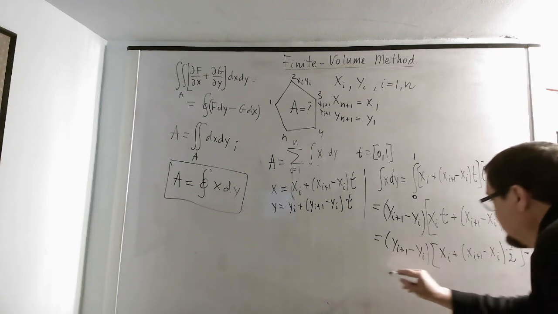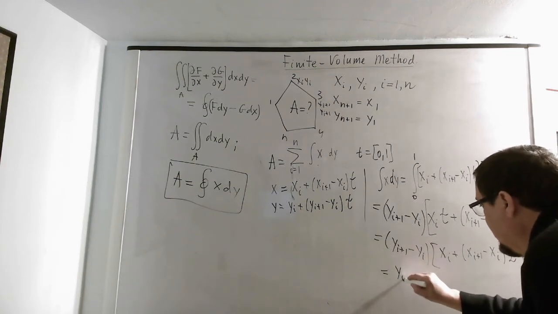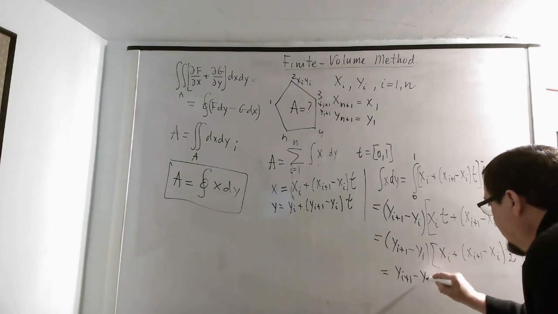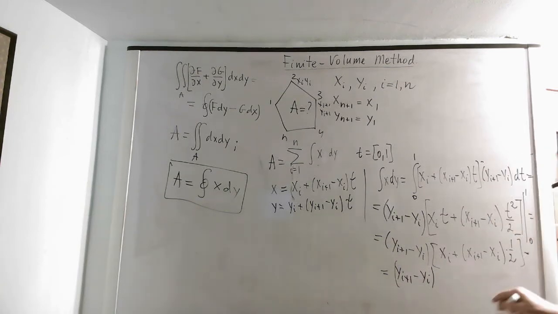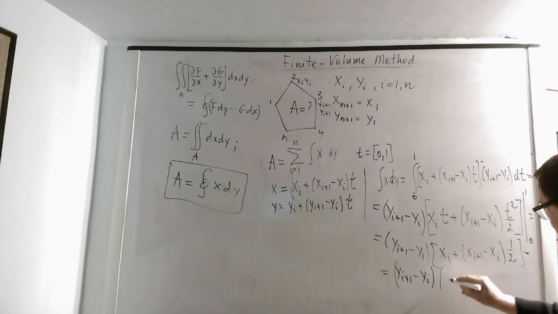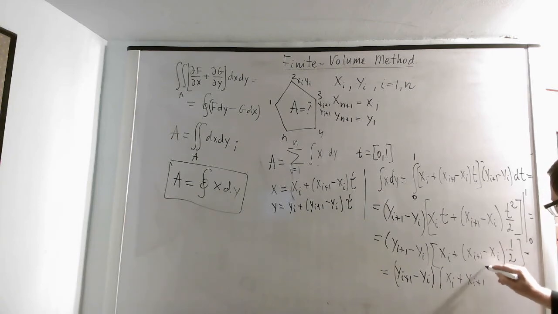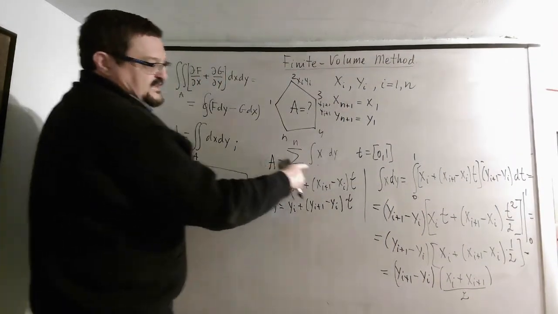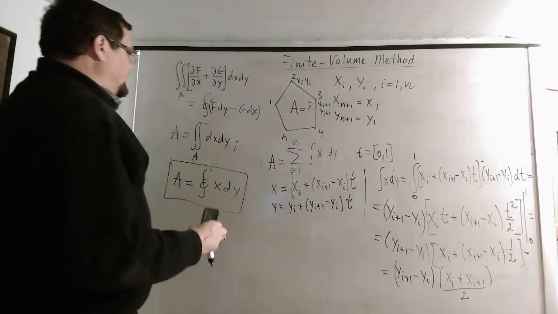Another way to write it is (yi plus 1 minus yi) times this guy, which is just (xi plus 1 plus xi) divided by 2. And the area is just the sum of all those terms for different i's.